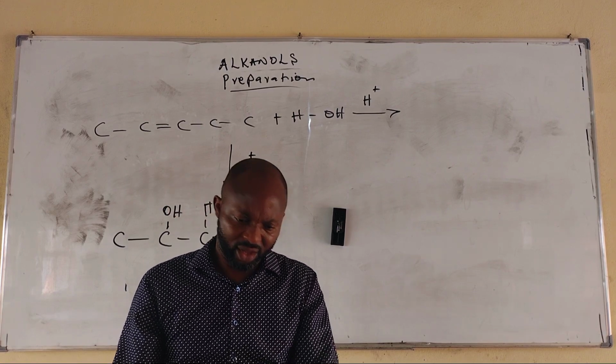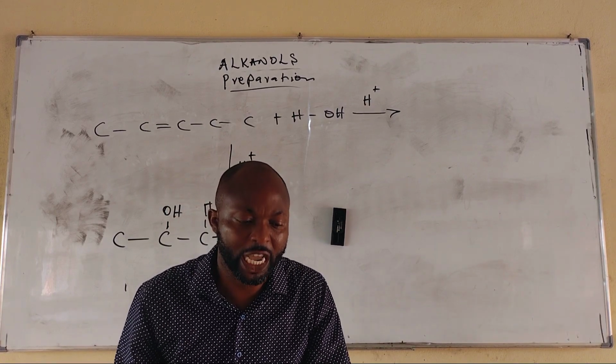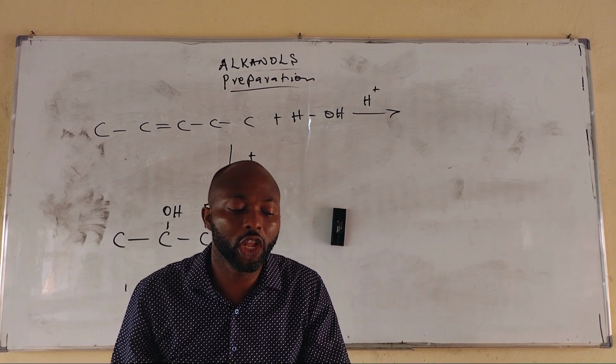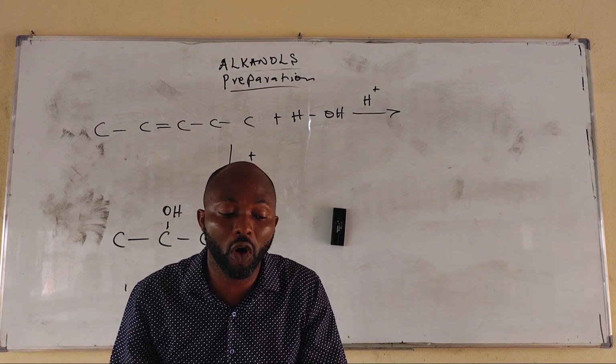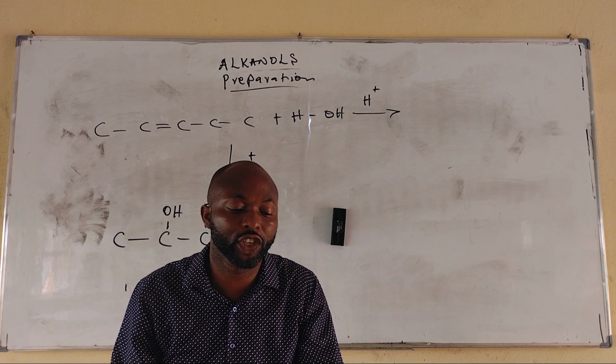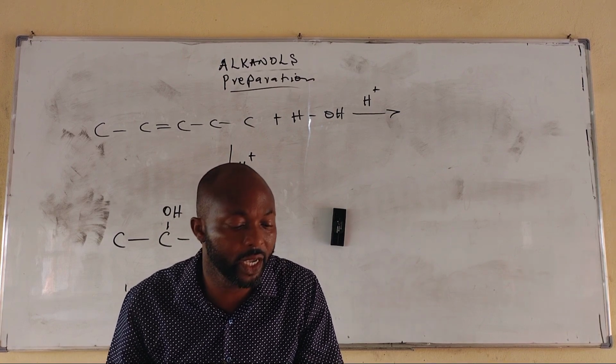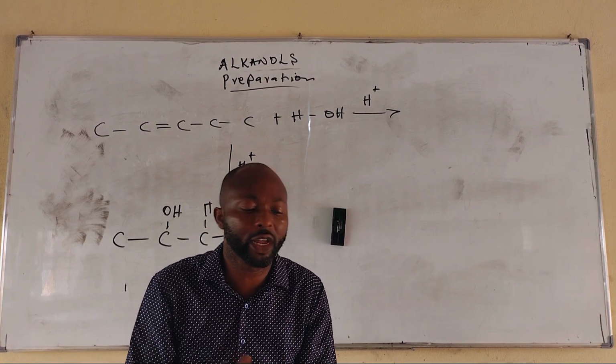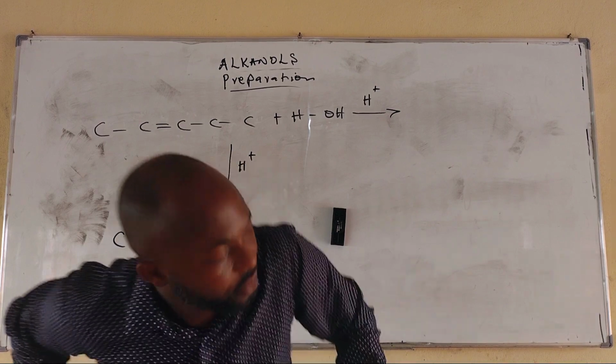One is combustion. Ethanol burns with a blue, non-luminous flame to give carbon dioxide and water vapor. The reaction is exothermic. Let's take an example of ethanol plus oxygen.